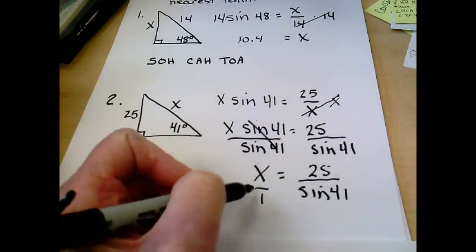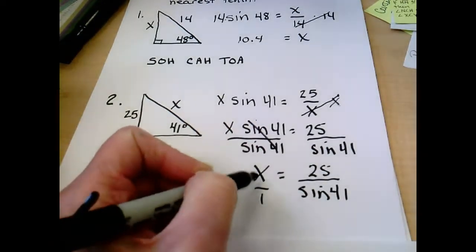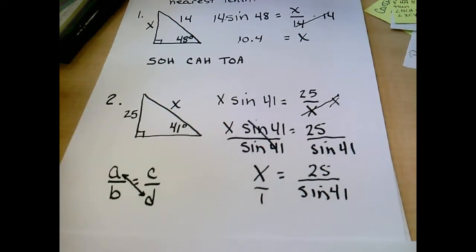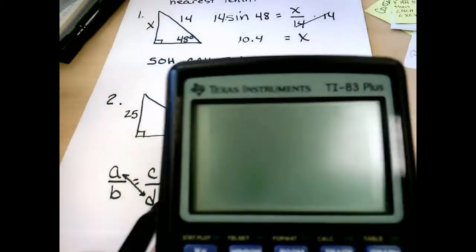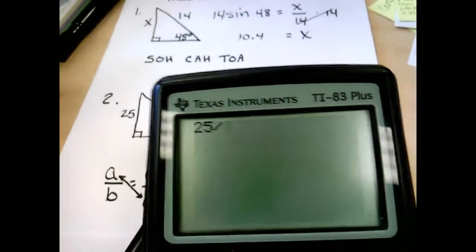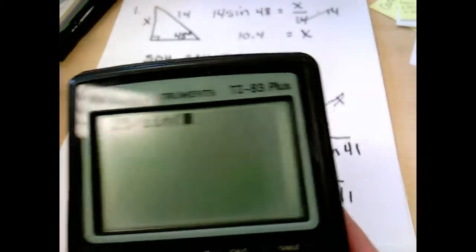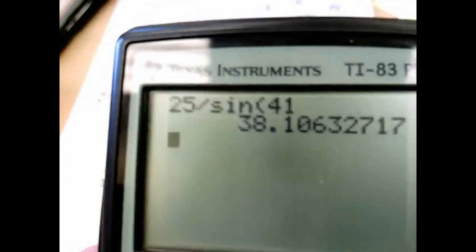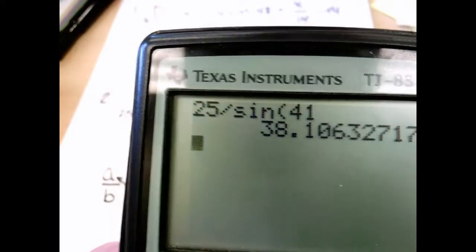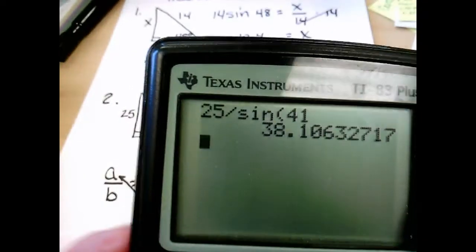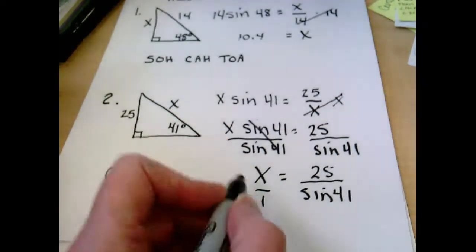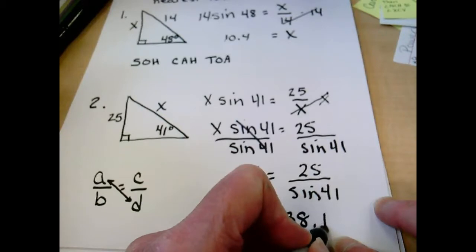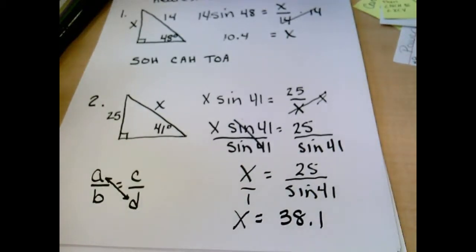Now when you put this one in your calculator, I have 25 divided by sine of 41. And when I do that, I get 38.1. And now that problem is solved.